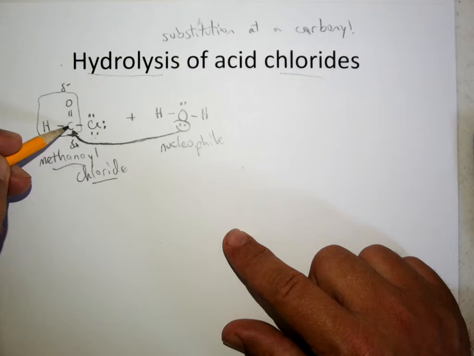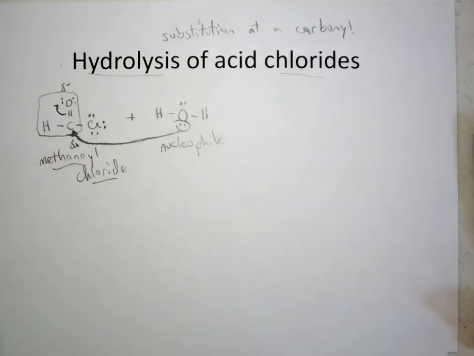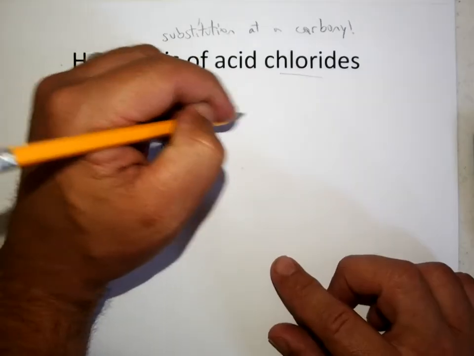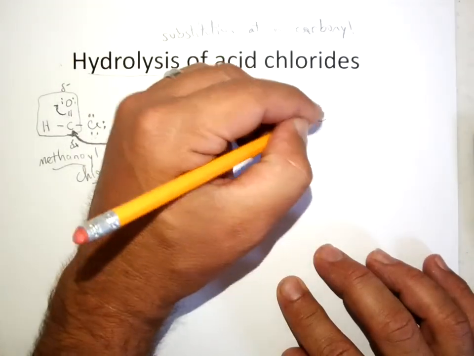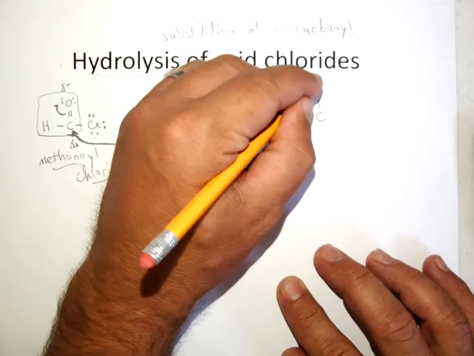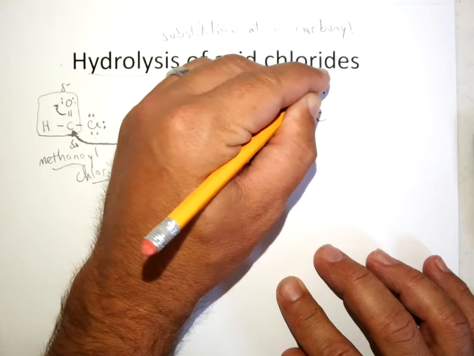And then in order for this carbon to maintain the octet rule, we're going to have to push the pi bond off. So the pi bond from the carbonyl will become a lone pair of electrons on the oxygen. And this will form the famous tetrahedral intermediate, where the oxygen now will have 3 lone pairs and a formal negative charge.